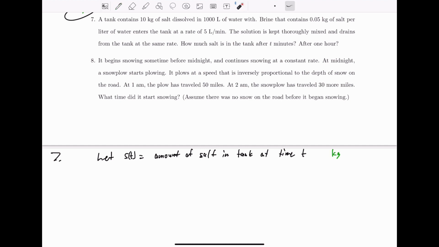Now, we have some information about rates here. We have information that this solution that's a little bit saltier is entering the tank at a rate of 5 liters per minute. And we're going to look at the rate of change of the amount of salt in the tank. So let's think about S prime of t, or let's just call this dS/dt. This is the rate of change of salt in the tank.